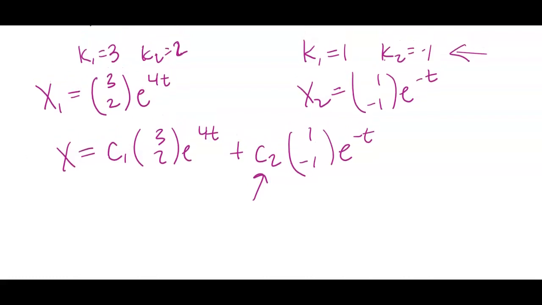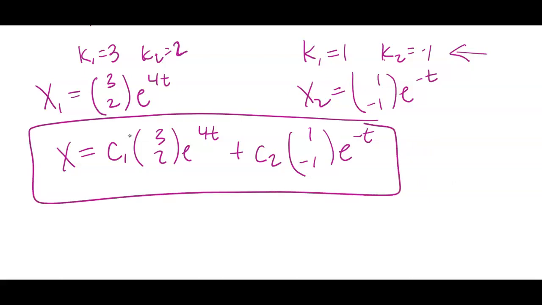Also, if you chose K1 as negative 1 and K2 as 1, that's fine too. Our C2 is going to be the same number, but with the opposite sign, so that we end up getting the same value when you solve the initial value problem. It's kind of arbitrary what you choose, because once you plug into your IVP, our solutions end up being the same in the long run, if that makes sense. I hope so.